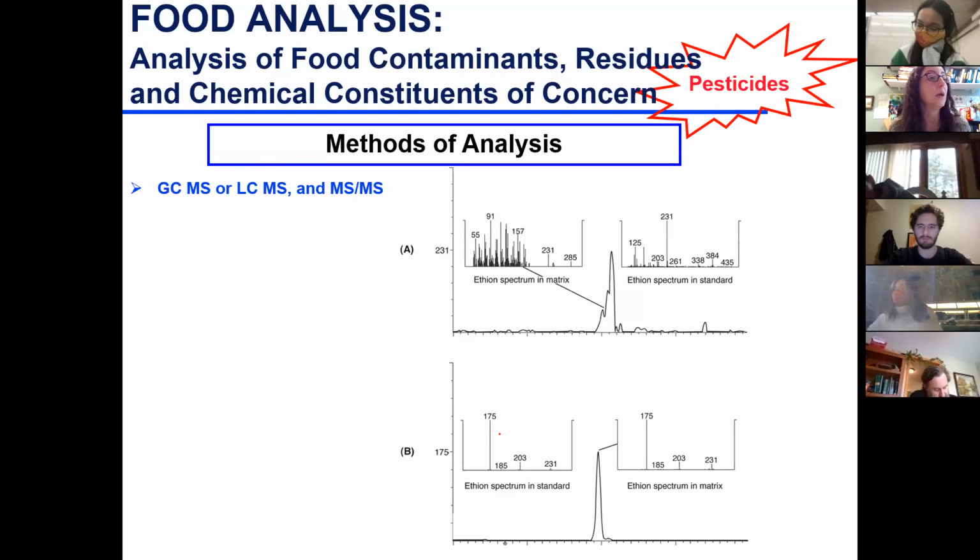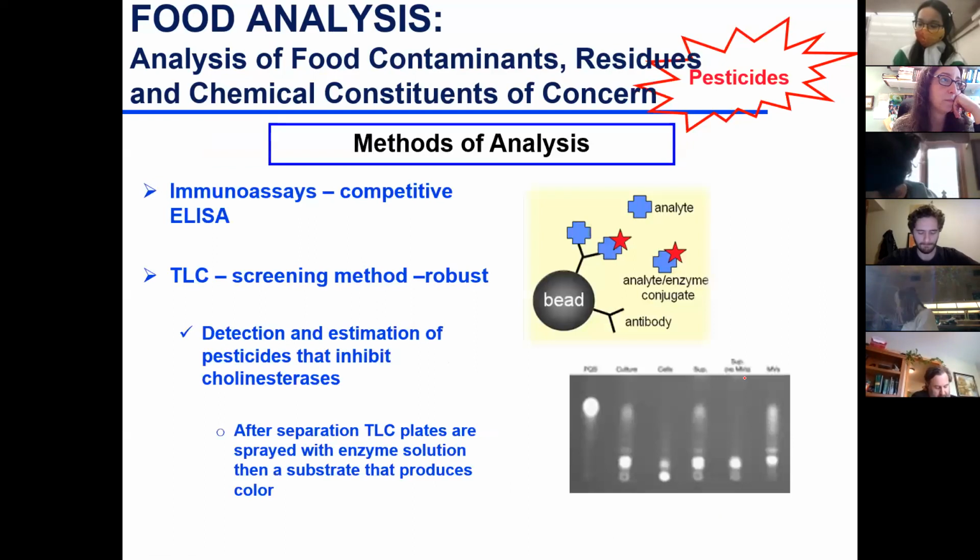So your standard becomes very close to the one that is present in the sample. So usually LC-MS/MS gives you more fragmentation data and more information about the structure so that you can have more confidence in identification.